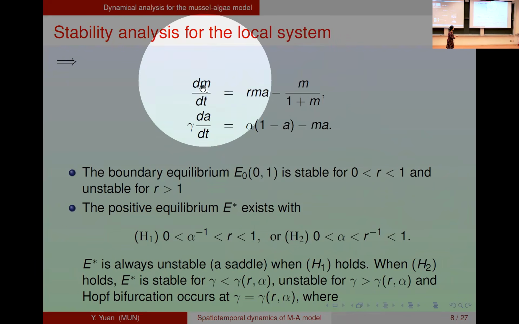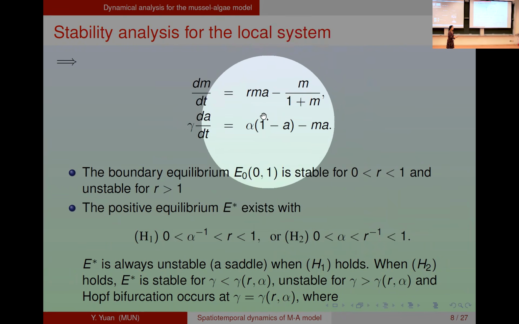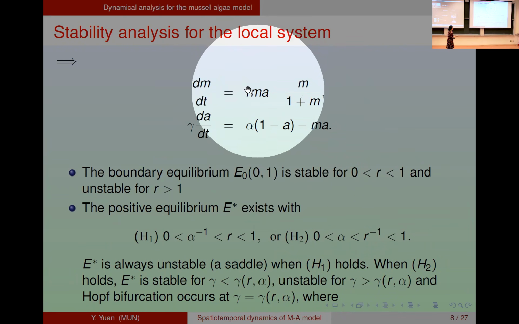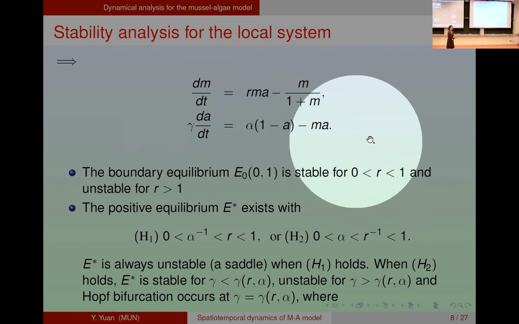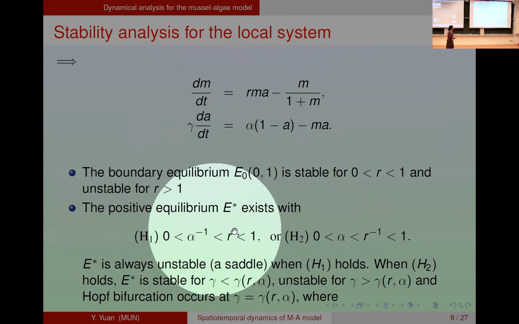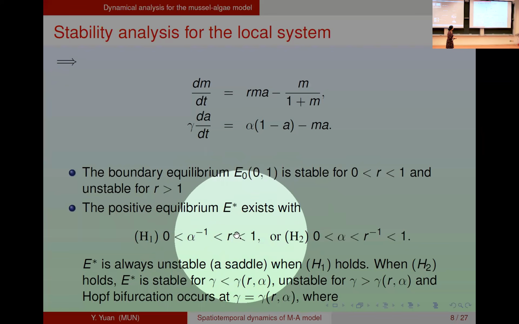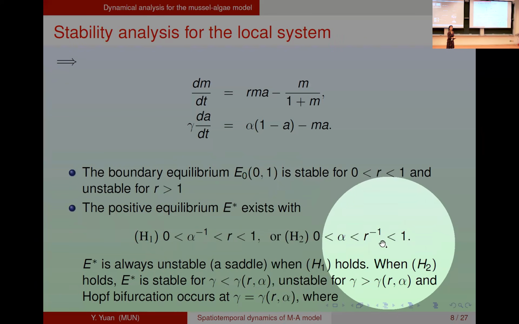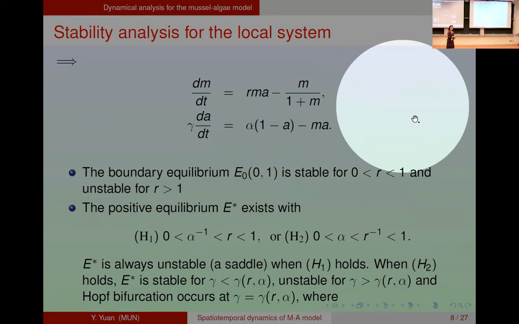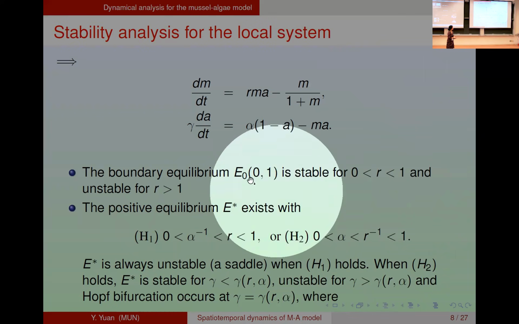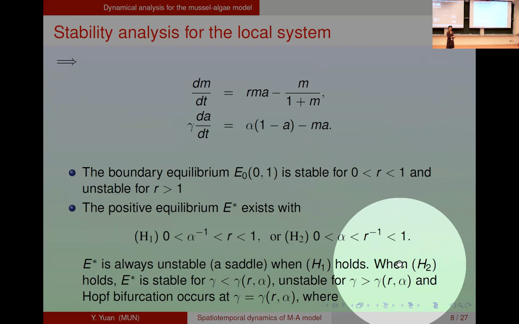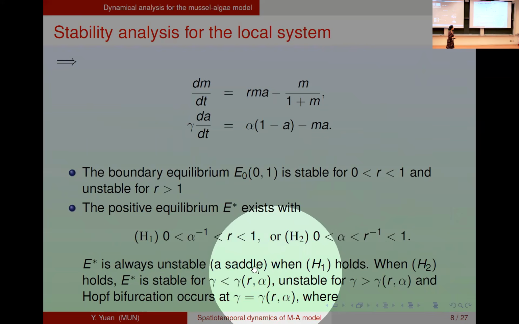Remember in this scaled system, there are 3 parameters, R, gamma, and alpha. The existence of the positive equilibrium only depends on alpha and R. That means gamma doesn't affect the existence of the positive equilibrium, but it affects its stability.